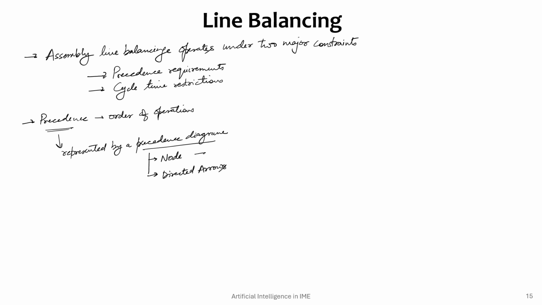So nodes are the actual work elements that we are talking about, and directed arrows are the constraints that need to be satisfied, right? So these are the relationships between two work elements.